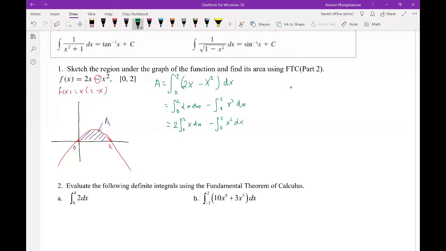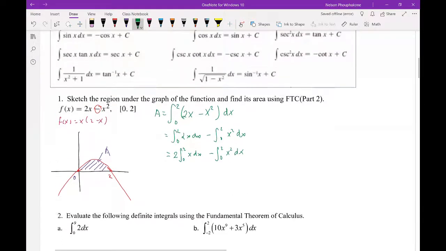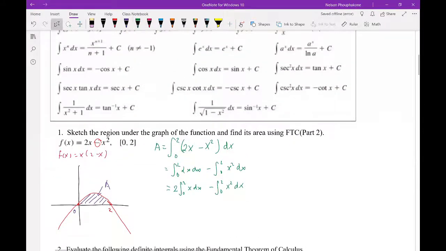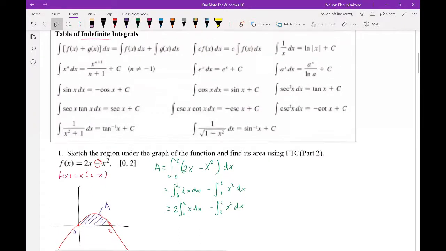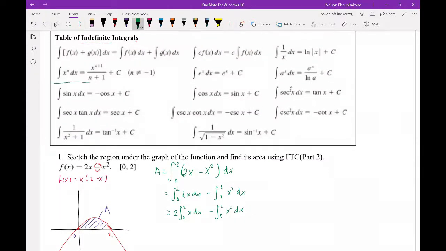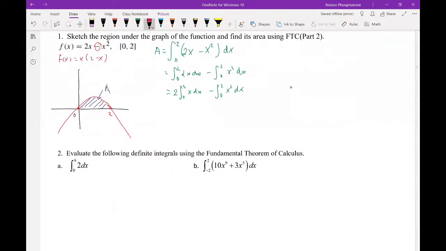Do you remember how we take care of the definite integral? You have to remember that the integrand is x to the n, then we work with this. So now we are going to have 2 times x squared over 2, and then minus x to the power 3 over 3.